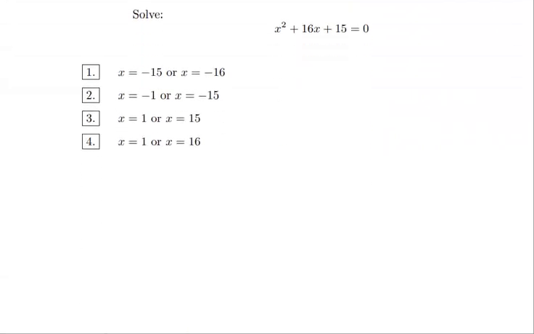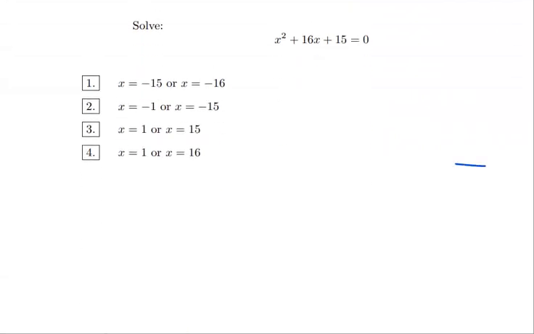And so let's look at this last one. The question is, you want to solve x squared plus 16x plus 15 equals 0. Because there's a 1 here, you just open parentheses and you equate this to 0. And you bring down an x here, you bring down an x here. And so you're looking for two numbers that if you multiply, you get 15, but if you add them, you get 16.